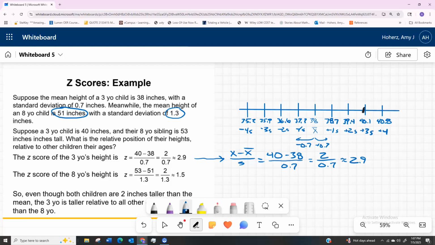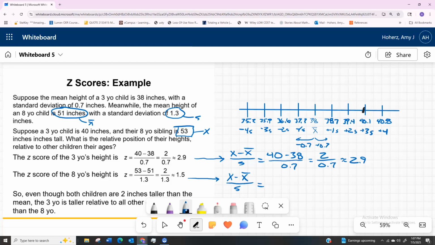Okay, so if we measure this, now this 8-year-old, it says, and their 8-year-old sibling is 53 inches. So for this case, the 51 was our x bar, the 1.3 is our s, and for this sibling, the x is 53. So x minus x bar divided by s.